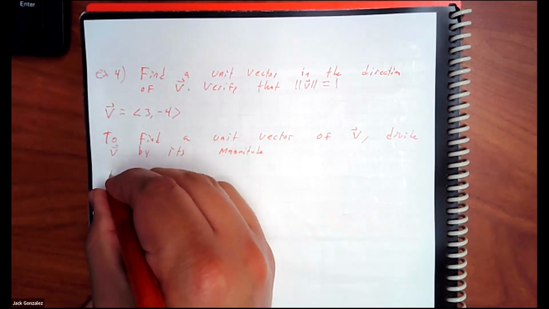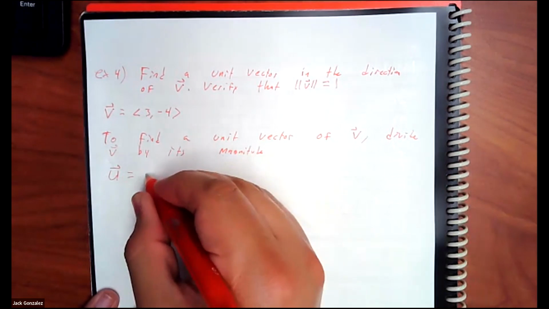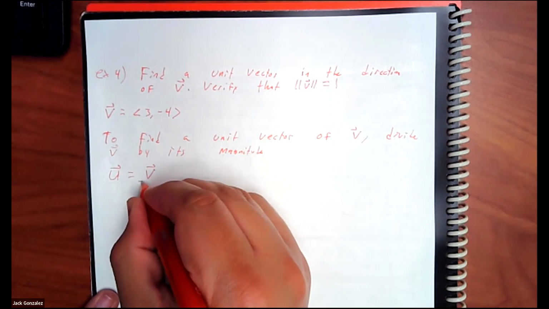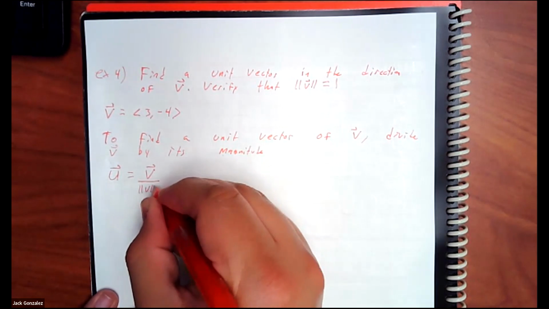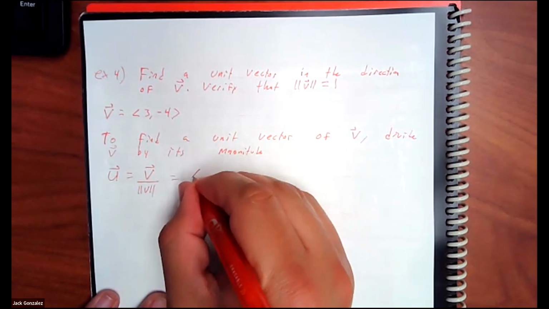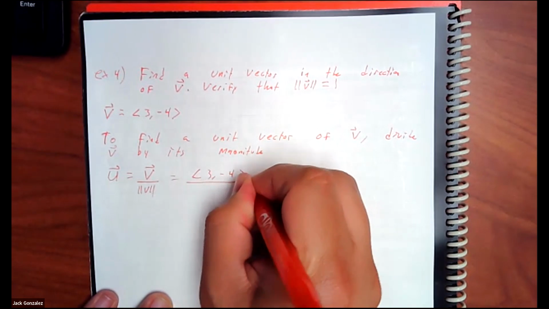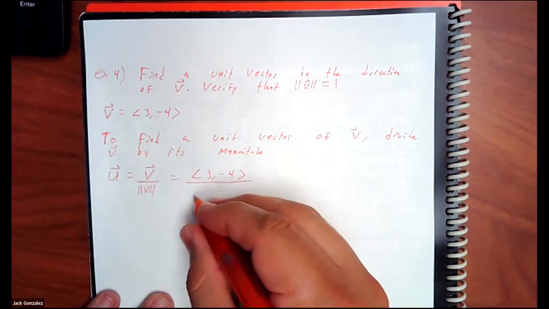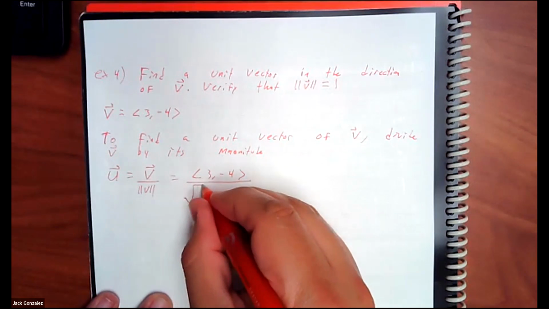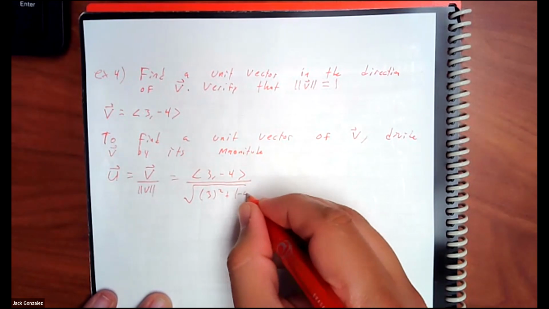So we'll call the unit vector u. That would be equal to the vector V over the magnitude of V. So in this case, that would be 3, -4 over the square root of 3 squared plus -4 squared.